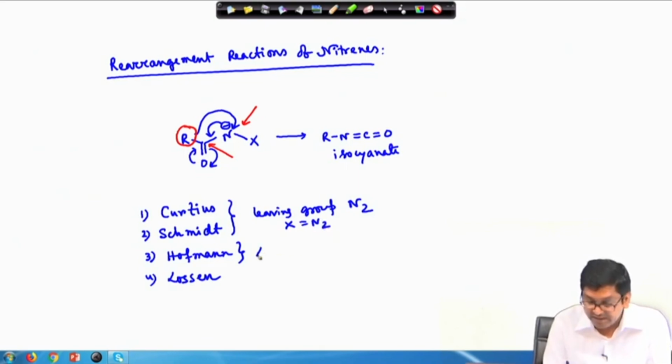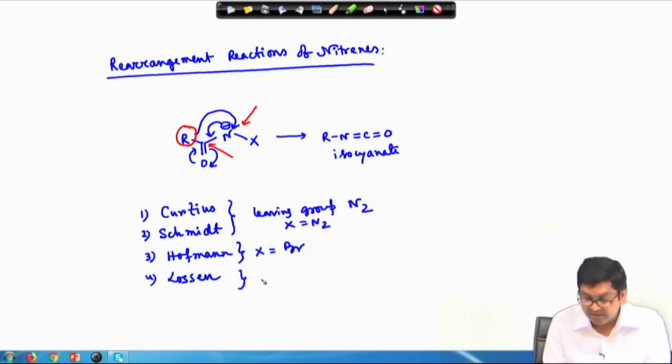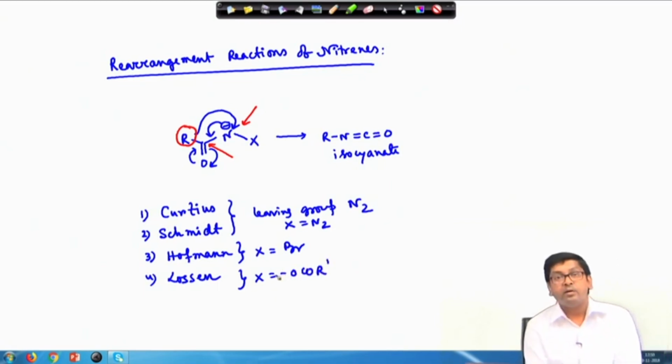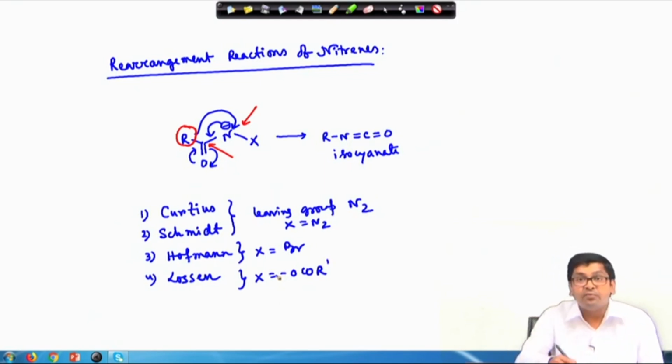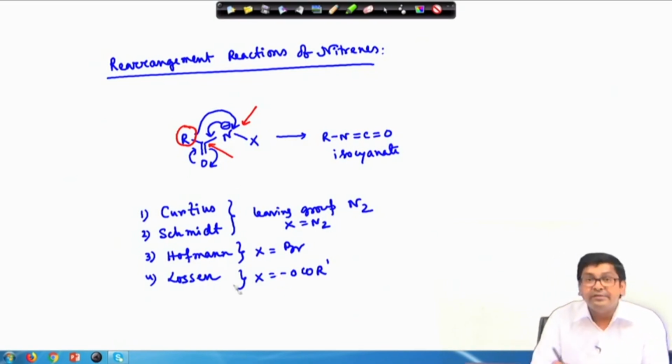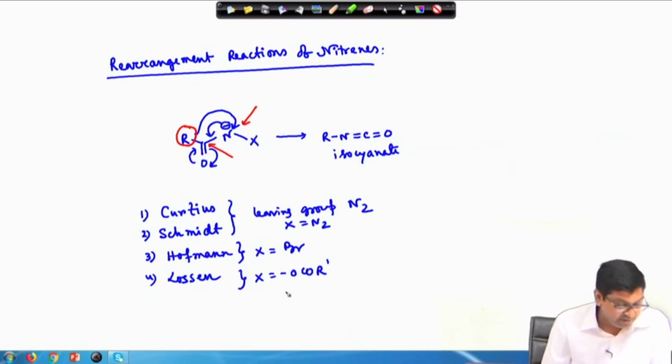In this case X equals bromide, and in this case X equals an acyl derivative of hydroxyl, that means an O-acyl group, OCOR prime. So, these are the basic differences between these 4 types of reactions, though in general they pass through a similar reaction pathway.